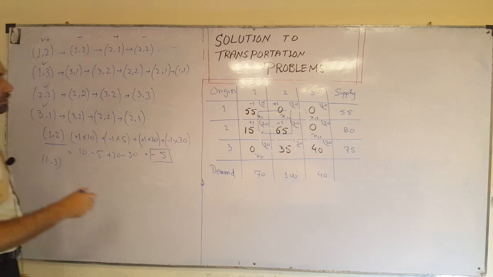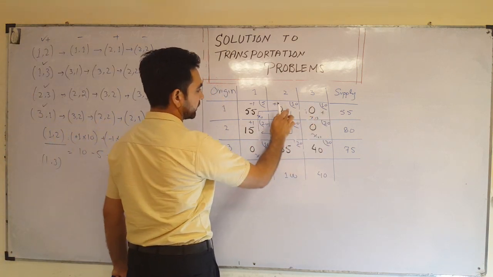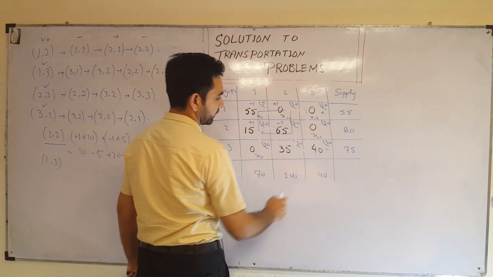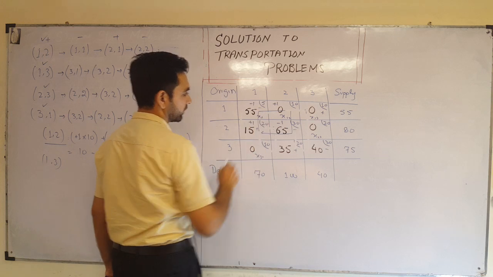For the next, 1 and 3, this is positive, then this is negative, then positive, then negative, then positive, then negative.